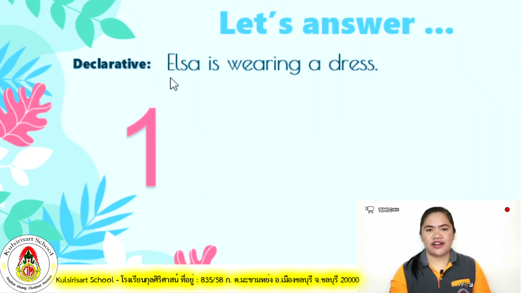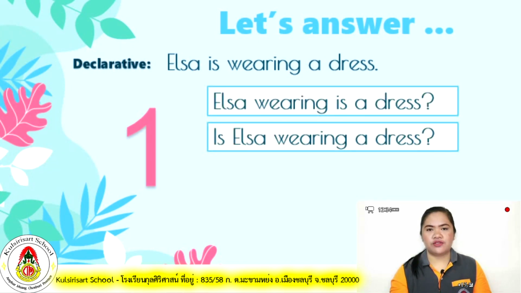Let's read the declarative. Elsa is wearing a dress. Again. Now, here are the choices that you're going to choose, which should be the correct form of the yes or no question. Okay, which of the two?